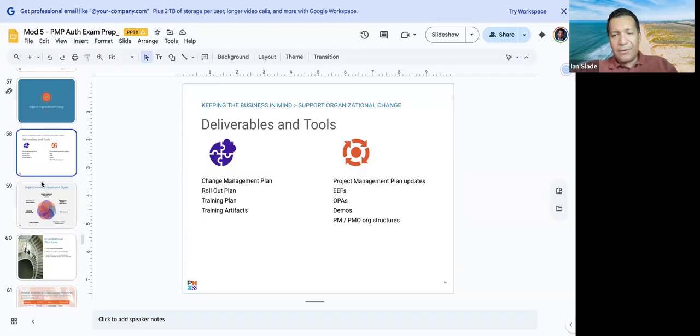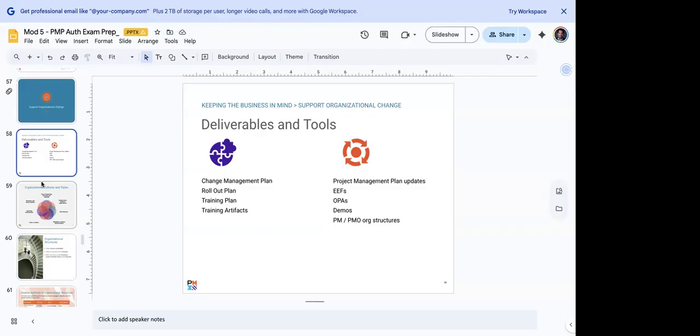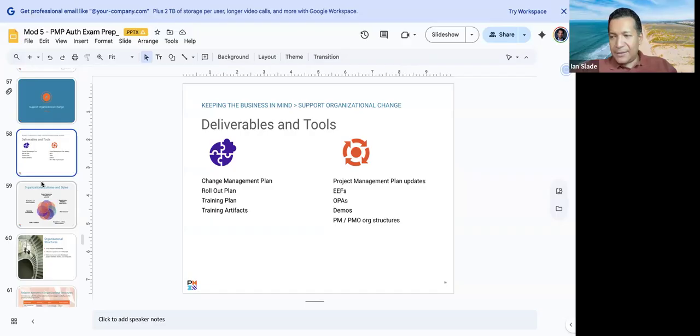Does anyone remember what EEF and OPA stand for? You can do it. Organizational process assets, I think, for OPA. Come on, guys. EEFs, OPAs.